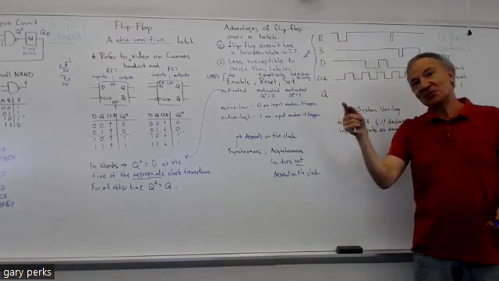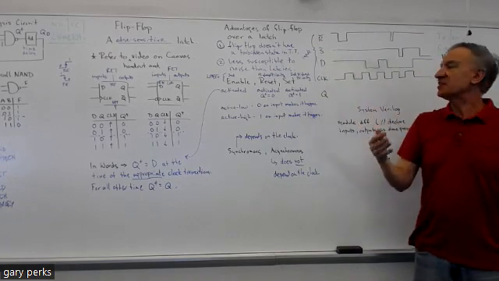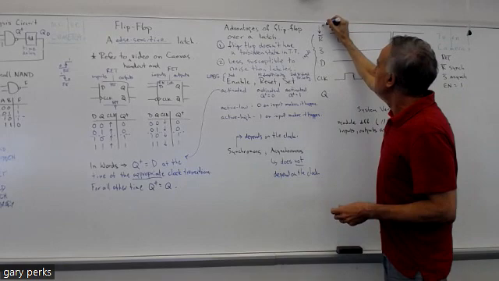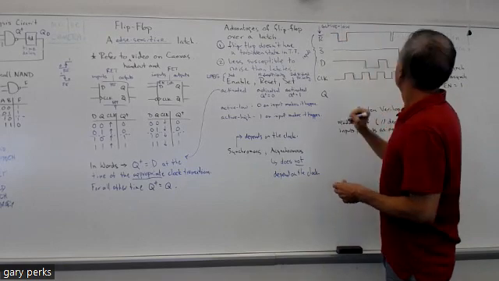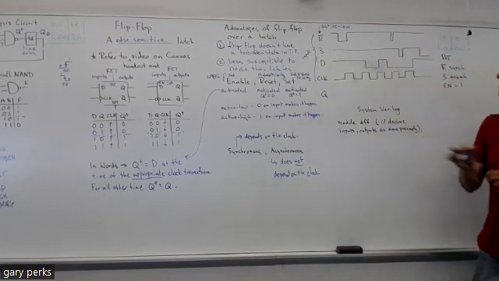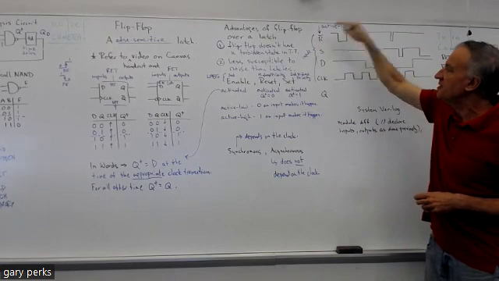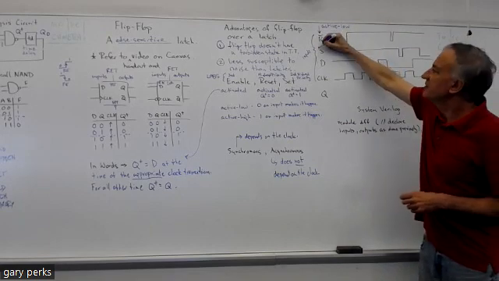If it's part of a Boolean expression, the bar does mean opposite of it. But here, the bar means active low. So this is active low reset, active low set. If it was active high, you wouldn't see the bar.